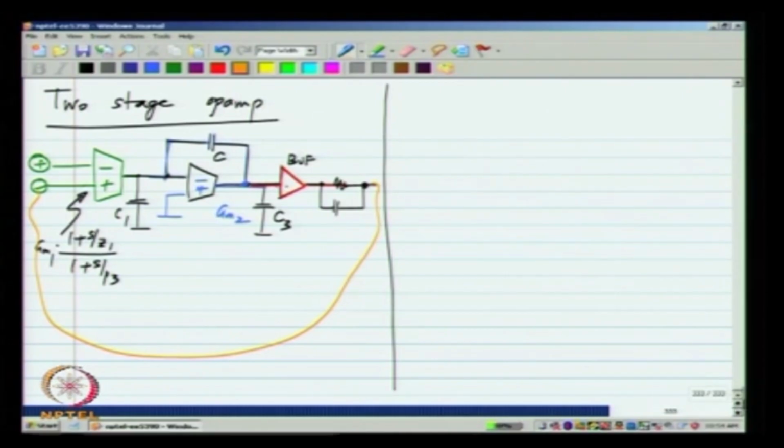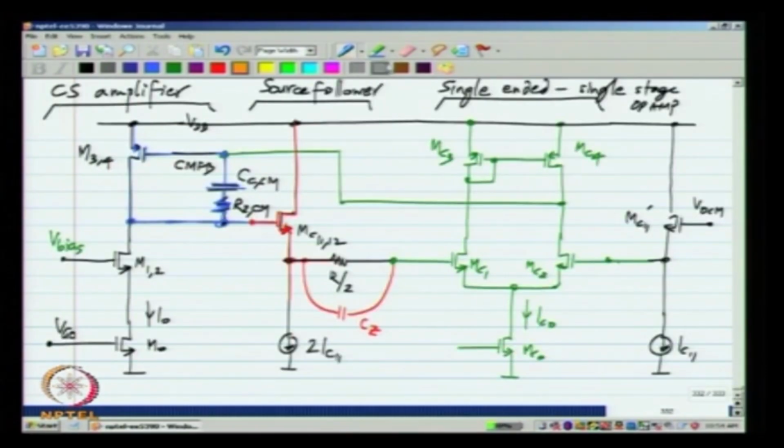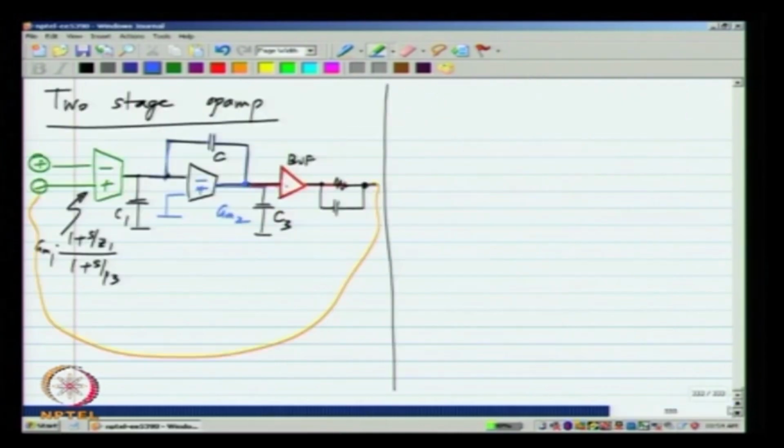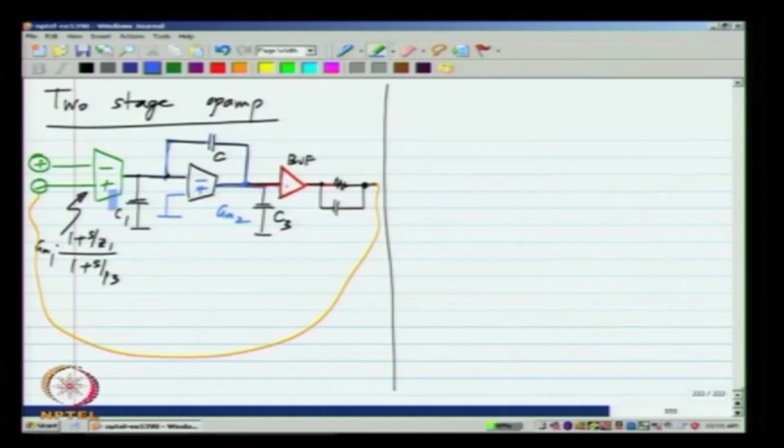Okay. So, what we need to know is which components are associated with which part of this, and if you wish to, you can put down the values of GMs and calculate where the poles and zeros are and ascertain if the circuit is stable. Okay. Now, the unity gain frequency of this feedback loop, which is also the unity loop gain frequency, because we have unity feedback around this, will be GM1 corresponding to this divided by C. Okay.